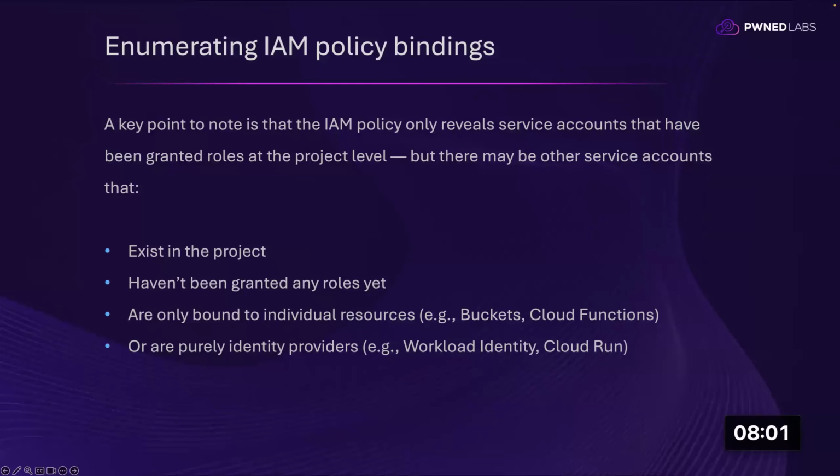If an account has been granted access to secrets or an individual Google Cloud Storage bucket, then this would not be listed in that kind of view. And there may be other permissions and service accounts that have been assigned.